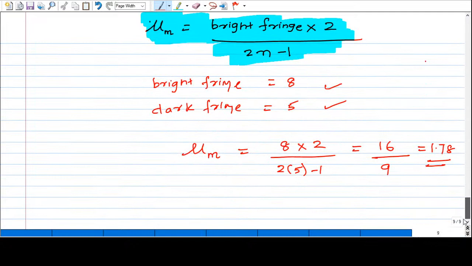So let us go for sum number 2. Question number 2, the same shortcut method. It's a very, very important sum.